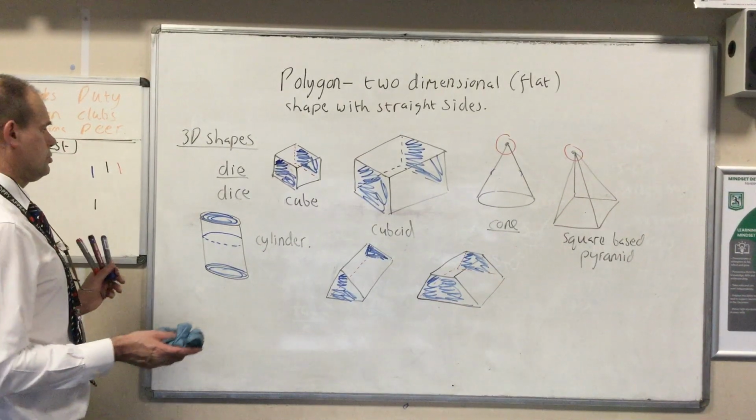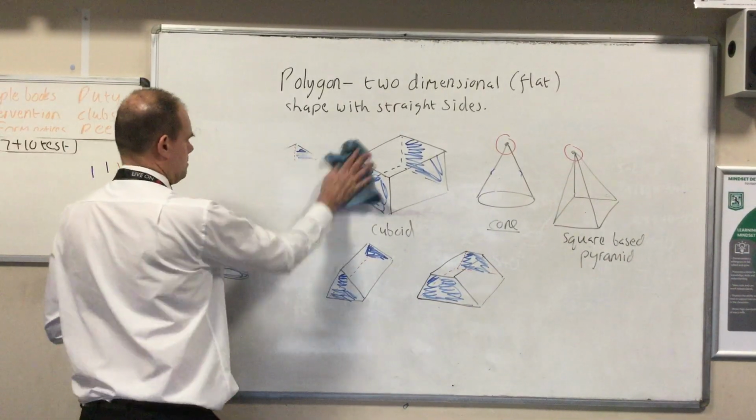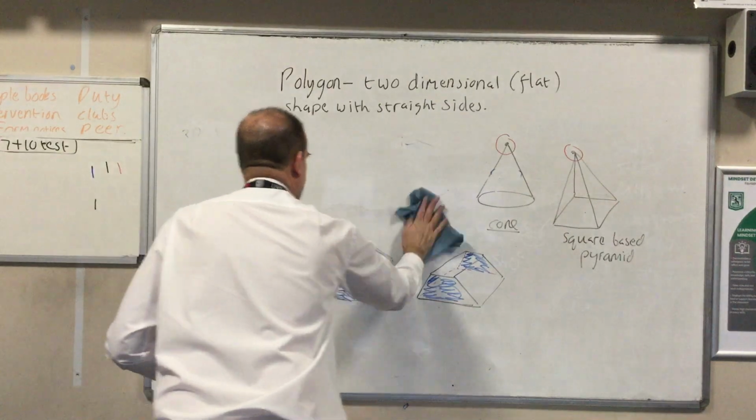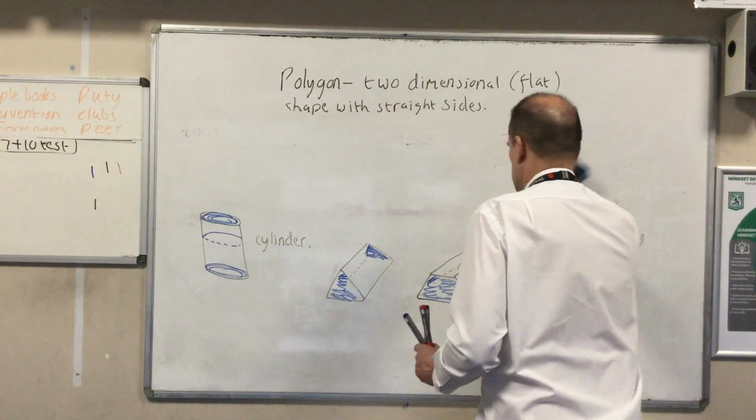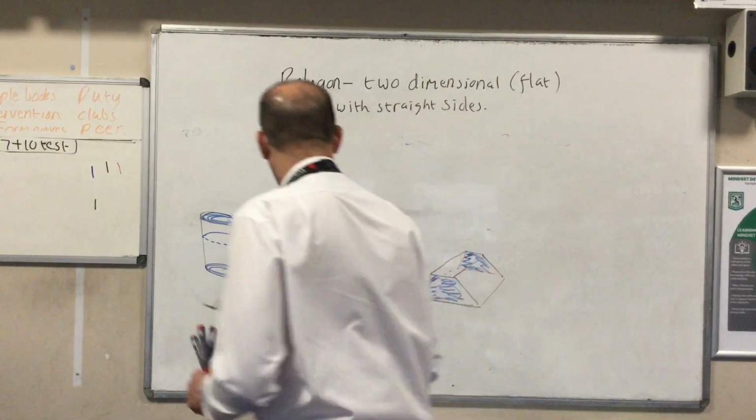So let's get rid of those off the board. They're special types of prisms. Let's remove that, and I'll leave those two at the bottom. They're all prisms, okay?